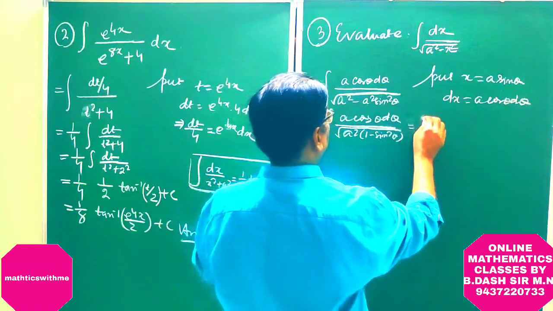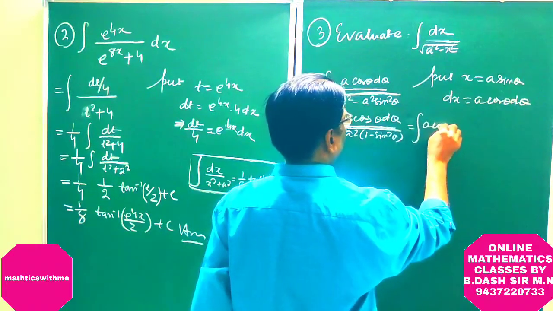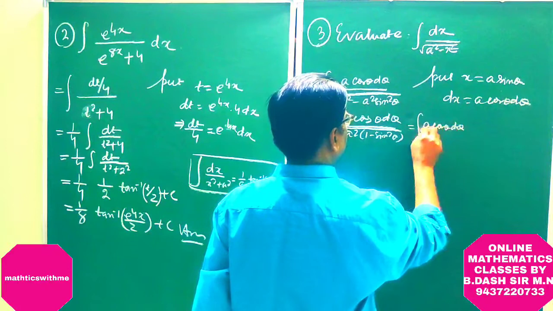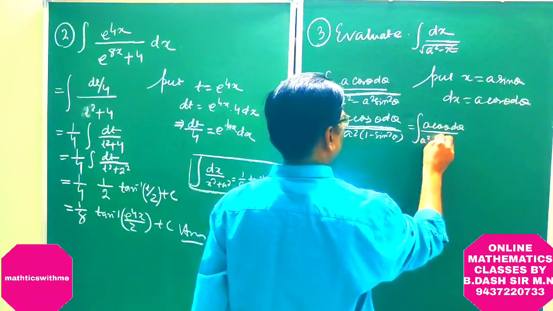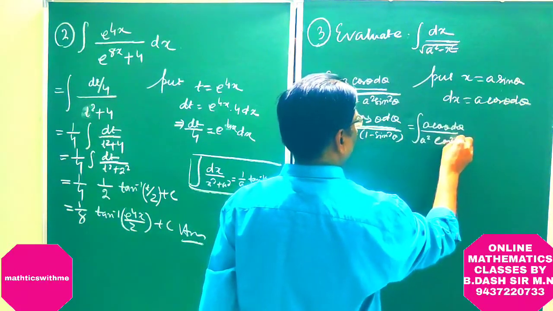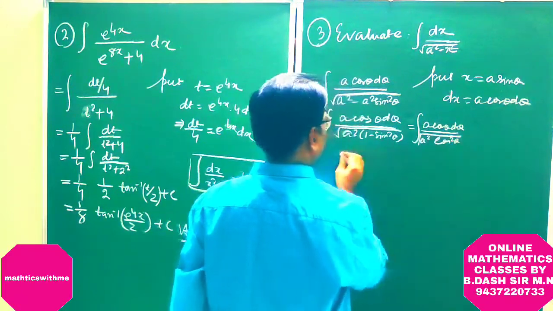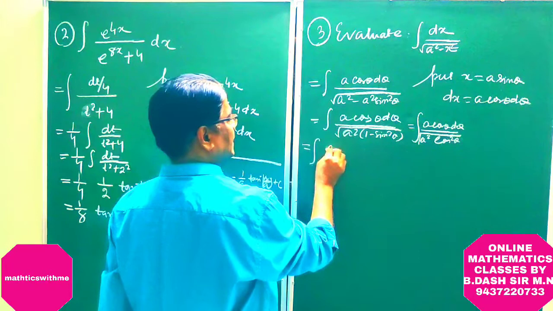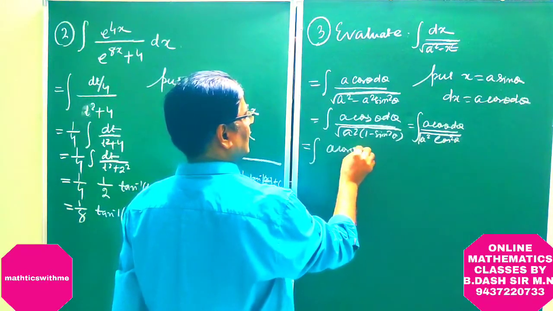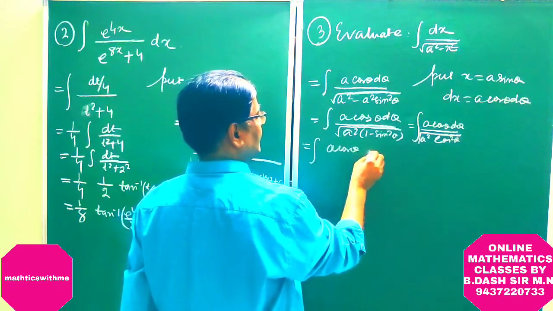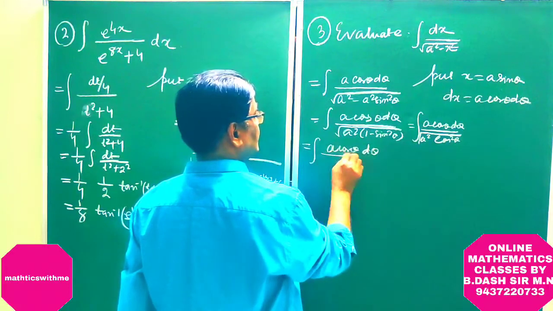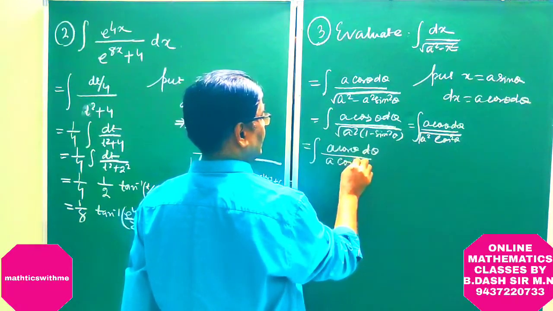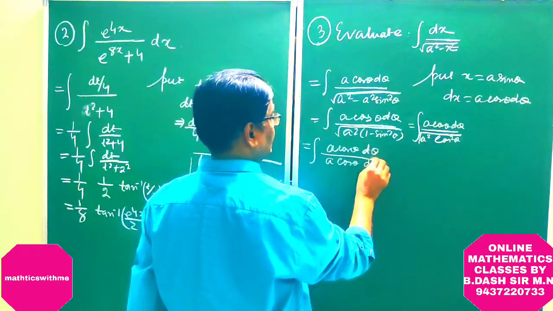This is equal to integration a cos theta d theta divided by root over a square cos square theta, which equals integration a cos theta d theta divided by a cos theta.